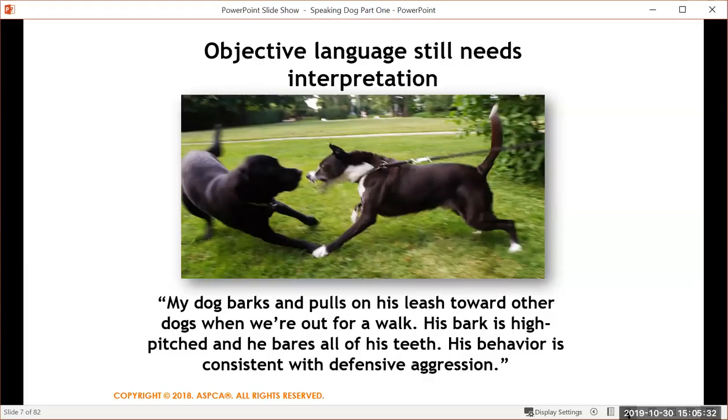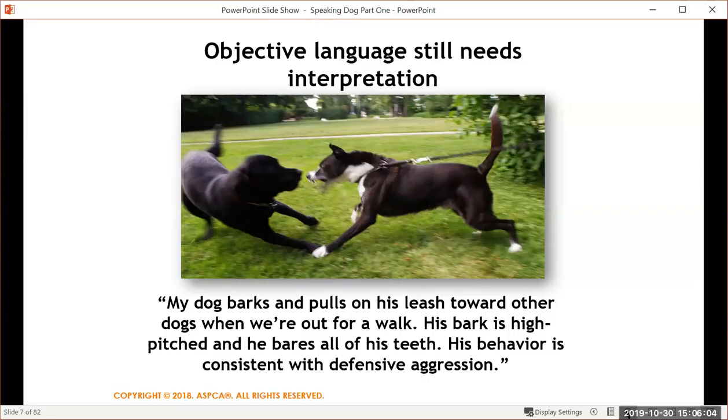One of the things I already mentioned is that you still do need interpretation, because if you just specifically focus on objective language, then you end up with a list of behaviors. So in this case, the dog's ears are forward, the dog's tail is up, the dog is lunging forward toward the other dog. And if you just stick with that, then that may not help other people understand exactly what that combination of behaviors or body language means.